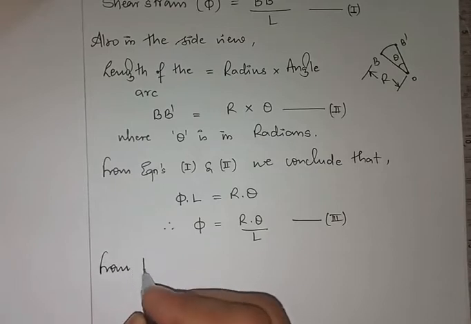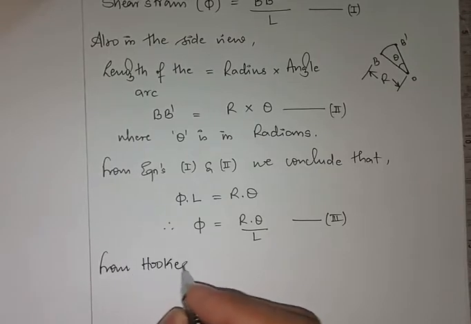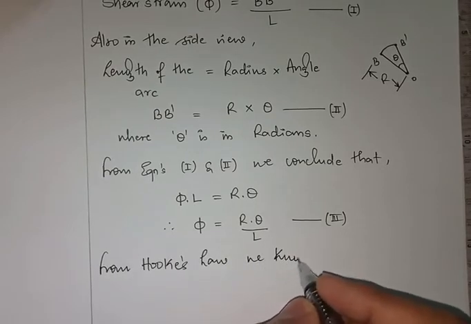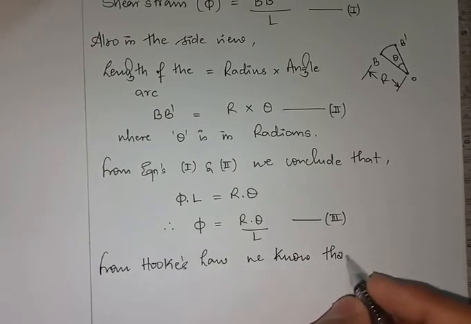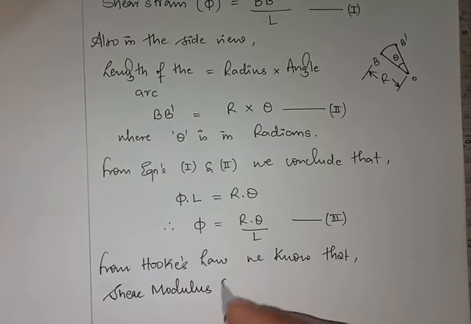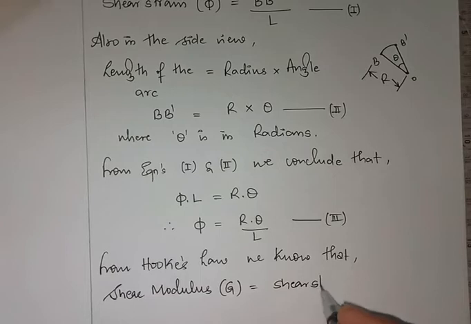Next, from Hooke's law, we know that shear modulus, which is denoted by G, is the ratio of shear stress to shear strain.